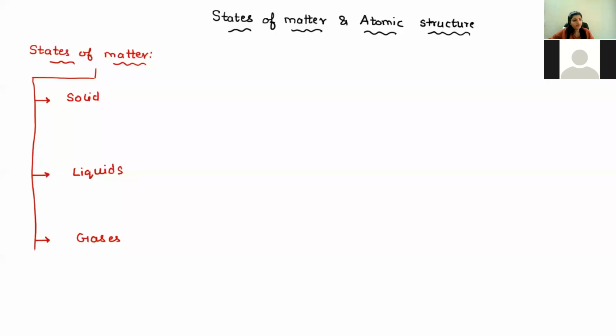Okay, so talking about the states of matter, about solids, liquids, and gases. When we talk about the structure of a solid, the particles in a solid are arranged in this manner.